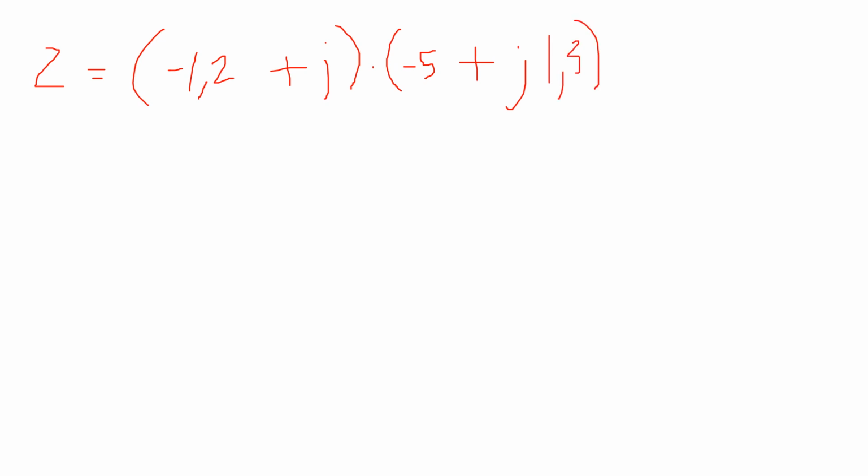So the question says that we must simplify the following expression, and then we must also make sure that our answer is in polar form. That is the instruction of the question. It says that the answer must be in polar form.